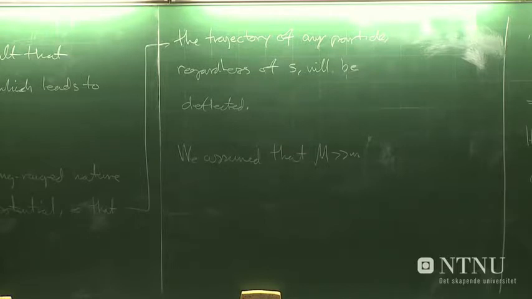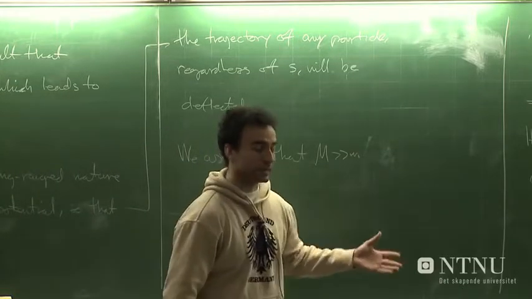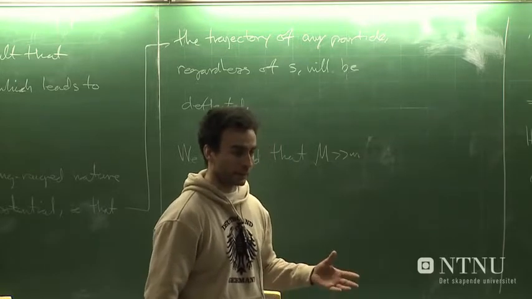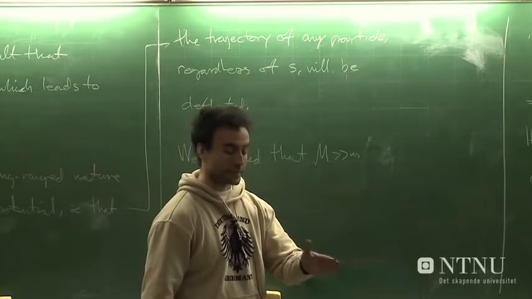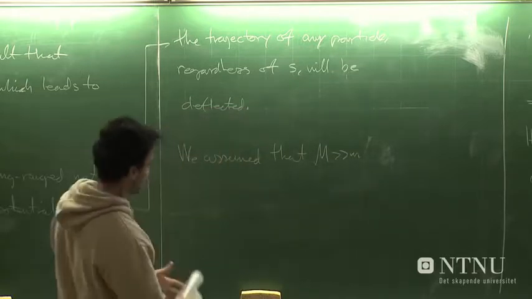So the heavy particle wouldn't be affected. It would remain stationary. And in effect, the lab system would be equal to the center of mass system, because the center of mass would remain stationary. And this simplified our treatment, our analytical consideration, because we considered one particle to be stationary, whereas only the other particle was moving.